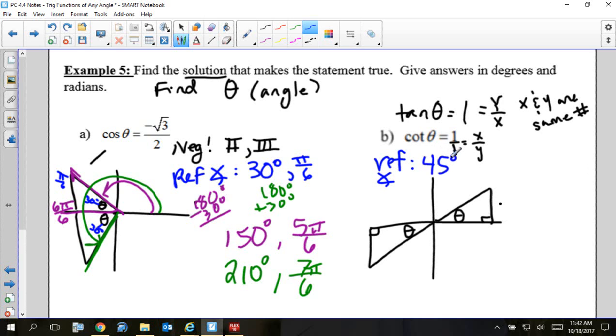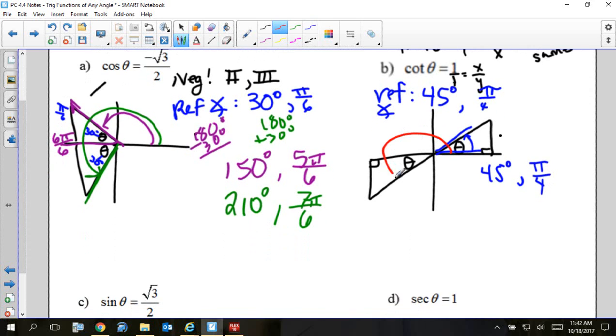That's the reference. And 45 degrees as a radian is pi over 4. So now I need to find it for this picture. When I do my first one, it's in the first quadrant, so the reference angles are the exact same as the first answers. So 45 degrees and pi over 4 are those first two answers.